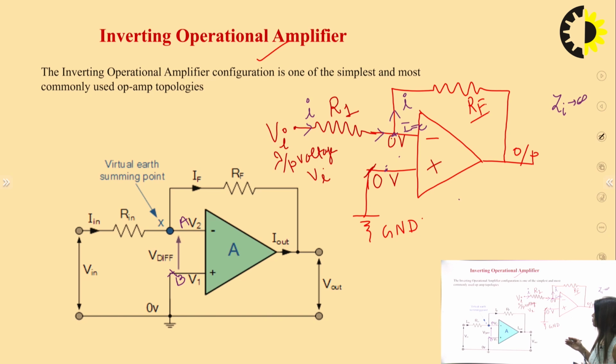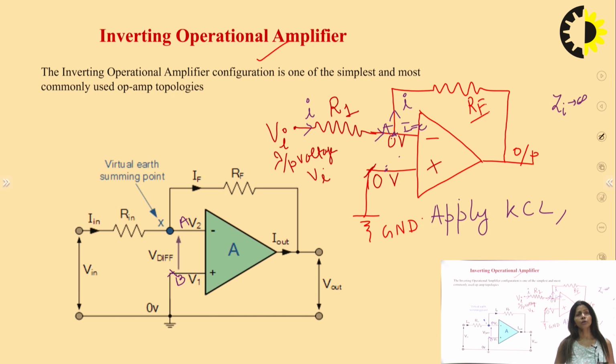Now what we can do is apply KCL, Kirchhoff's current law, which we all know, at this particular point A. There is a trick that you can solve every numerical by this KCL method. If you know this KCL method well, then you will be able to do all the numericals. You have to see where the current is starting and where it is going, so you take the two points.